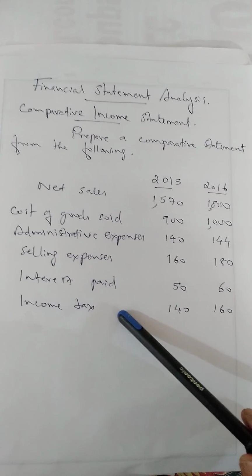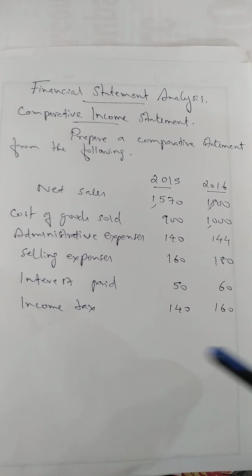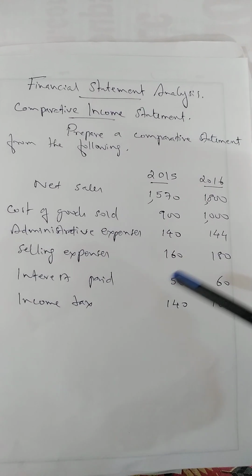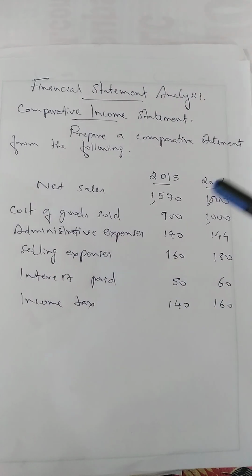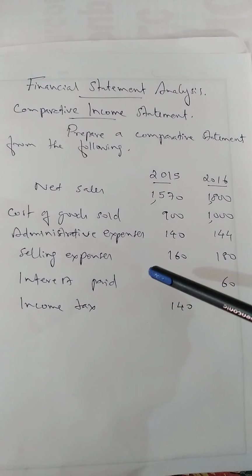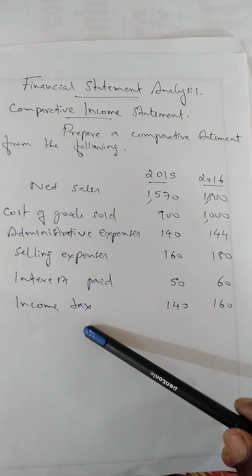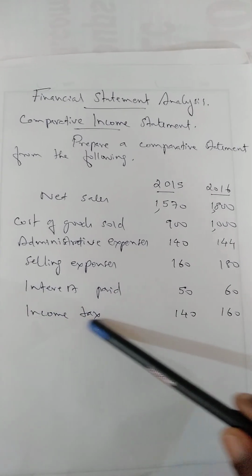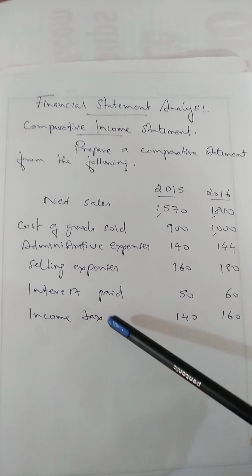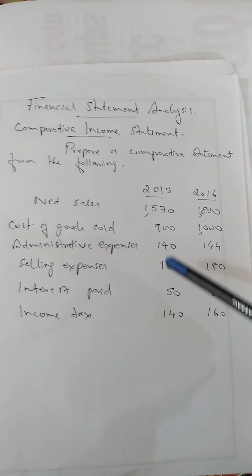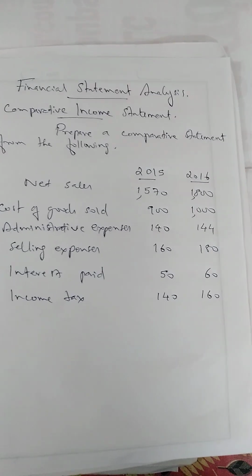Then income tax. Income tax has no direct connection with the business, because we need not pay income tax to conduct the business. But when we get profit from business, we have to pay income tax. So it is not a relevant expense of business. So these are the natures of the expenses in this question.